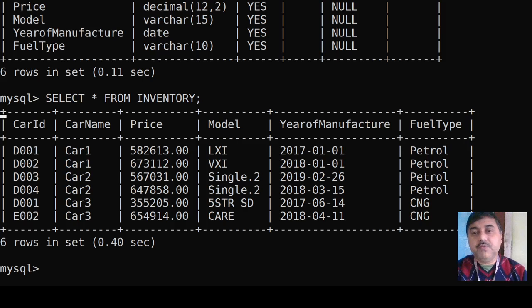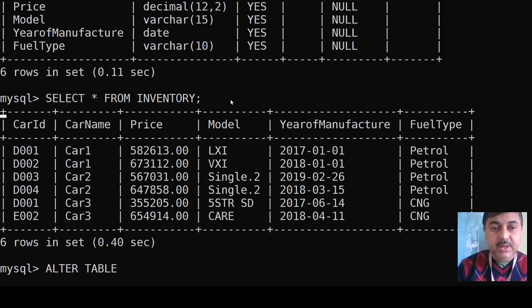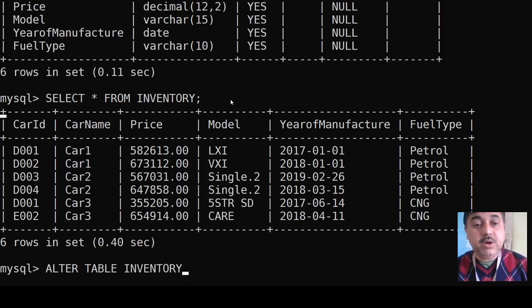Now what to do? First we have to add one column, isn't it? To add one column, what is our requirement? We will give the alter command: ALTER TABLE. Then the table name is inventory. Alter table inventory. After altering the table inventory, what do we need to do?